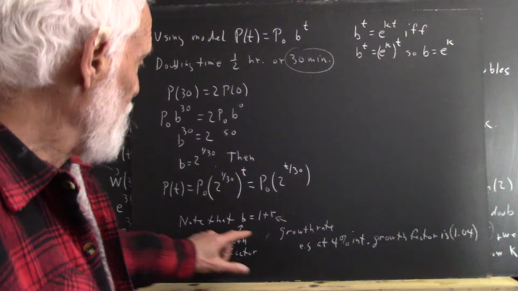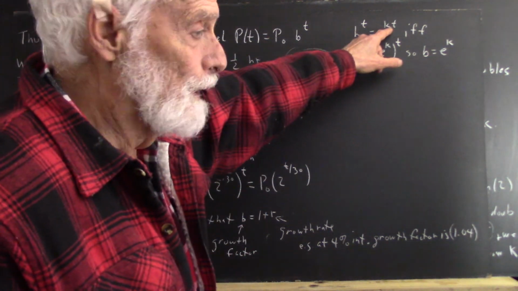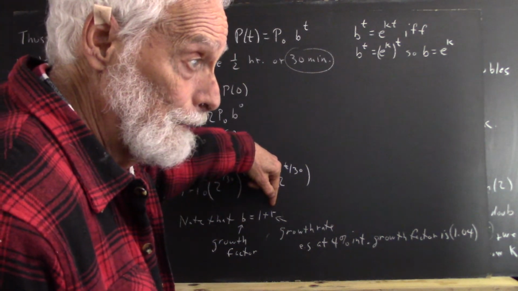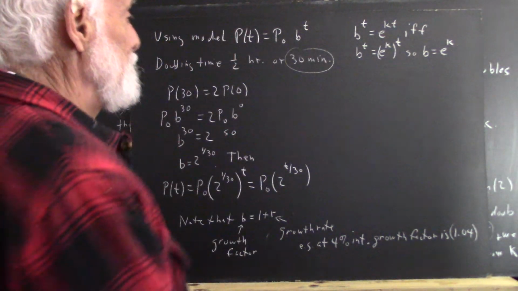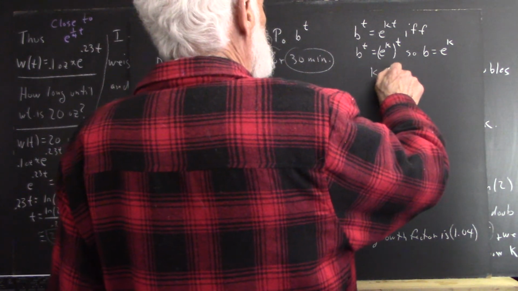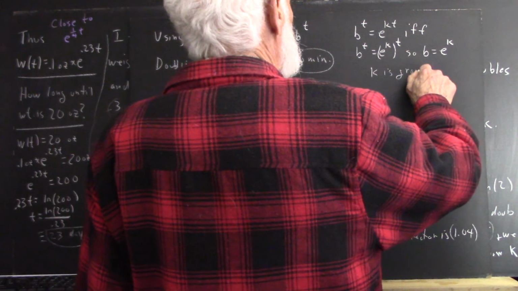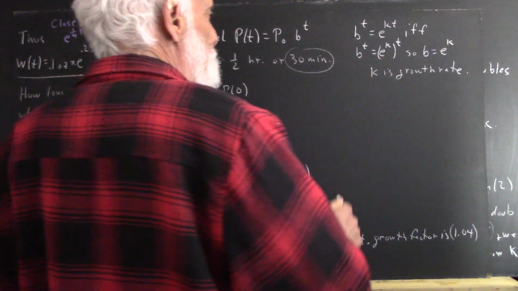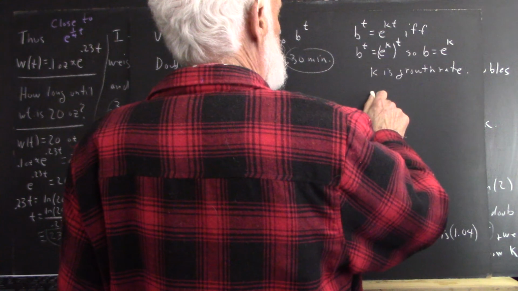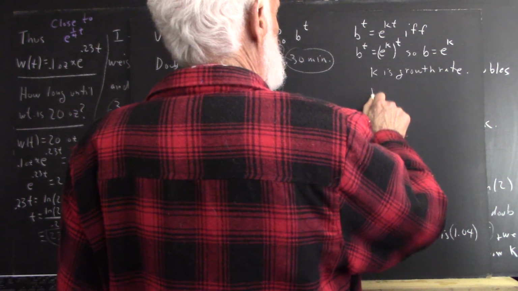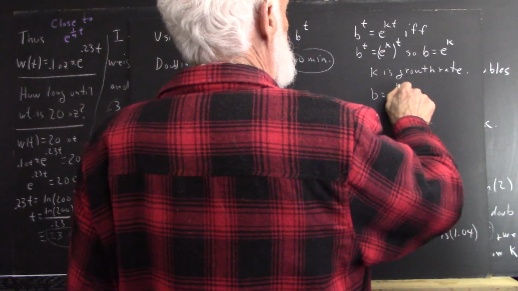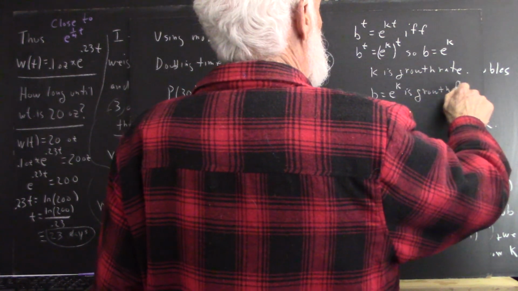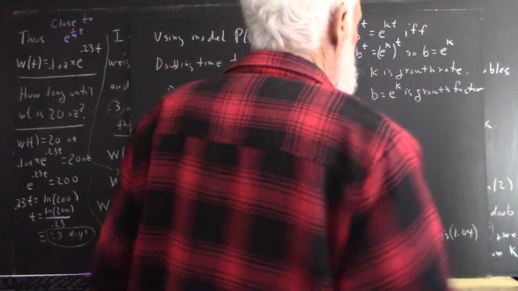Okay, that connects the b to the k. The k would be your r, your growth rate. So k is a growth rate and b is a growth factor.